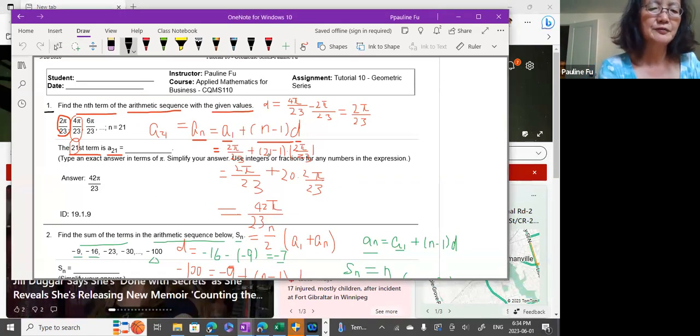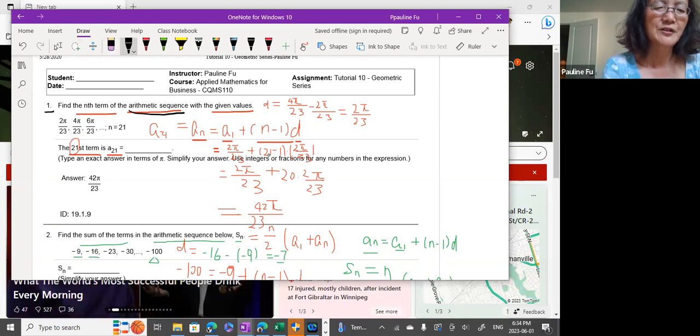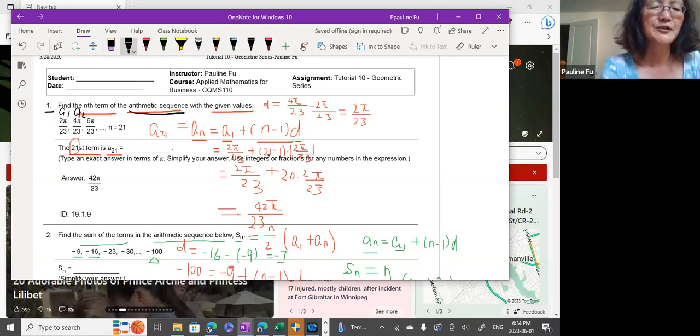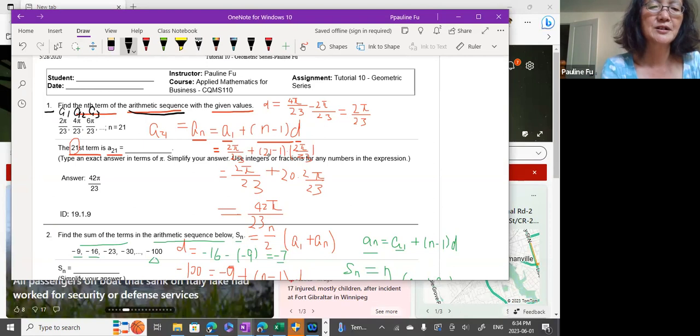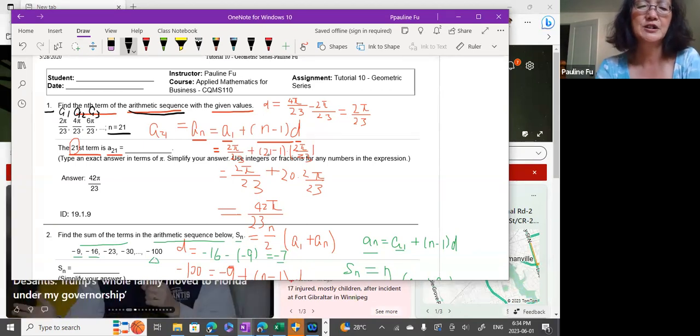Question 1 asks you to find the nth term of an arithmetic sequence. You are given a1 is 2 pi over 23, a2 is 4 pi over 23, a3 is 6 pi over 23, and so on. The question asks, when n equal to 21, what is a21?